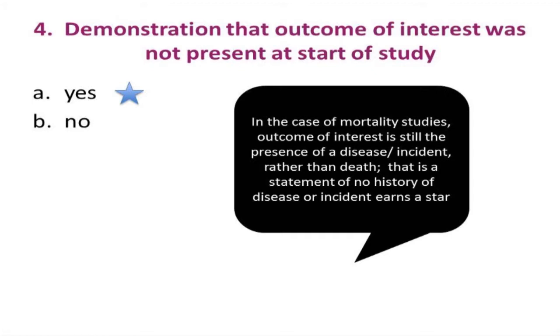But if you're studying cancer, for example, you have to be sure that they don't have cancer when you include them in the cohort, because then they will very soon have an outcome and be recorded as the exposure. Then you measure actually the outcome and the exposure at the same time, which is problematic.